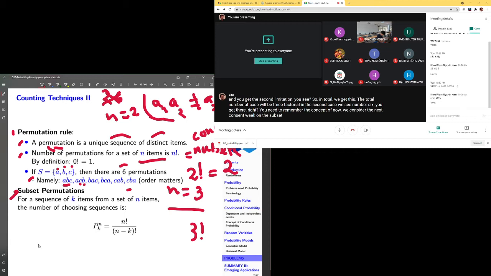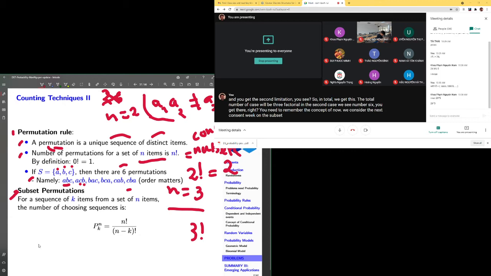Obviously the case where k equals n, that means you have p and n. You see what I mean? Then this one will go back to n factorial, the original number of permutations.